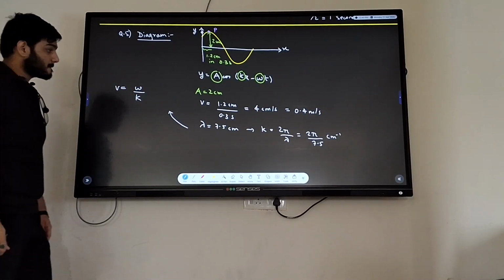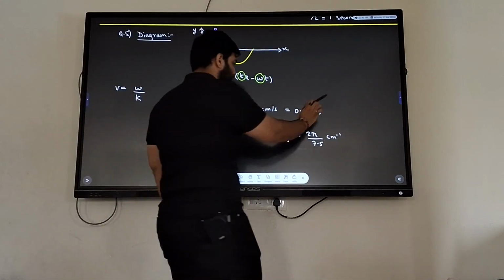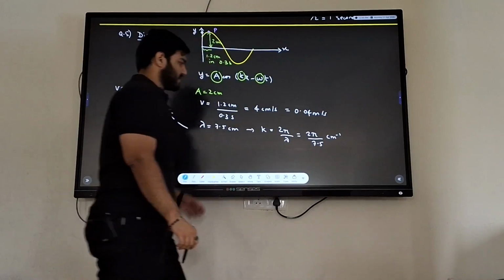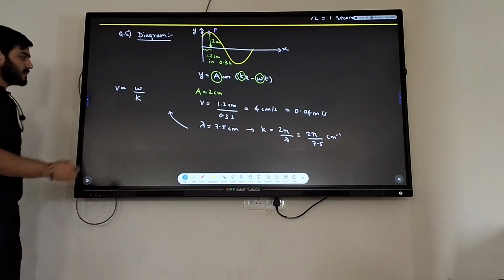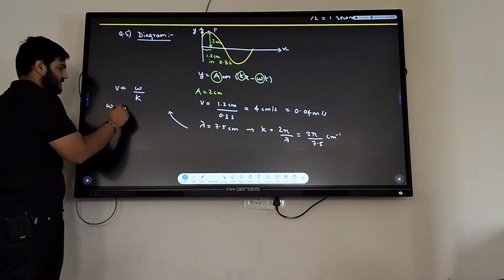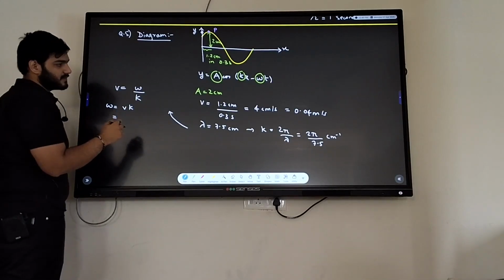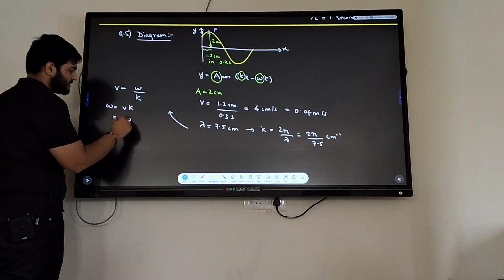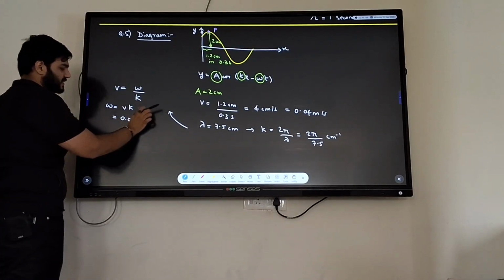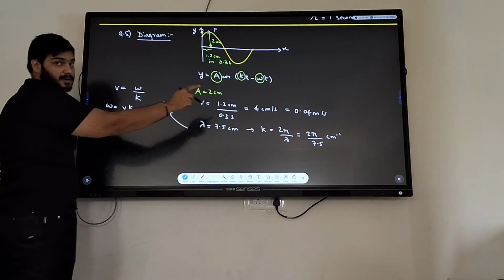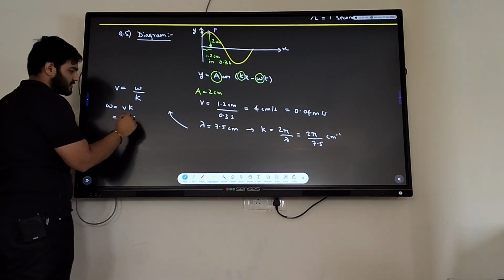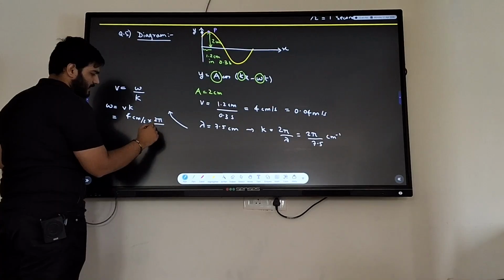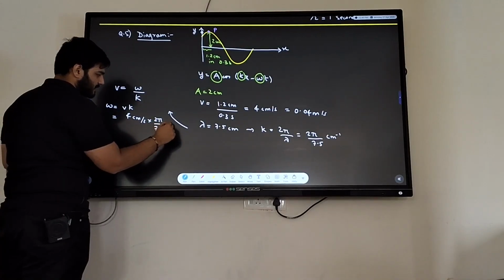0.04 meters per second, correct. Is everything else correct? Good. What is omega then? That's v times k. Let's write it in centimeters so that the centimeters cancel: 4 centimeters per second times 2 pi by 7.5 centimeter inverse.